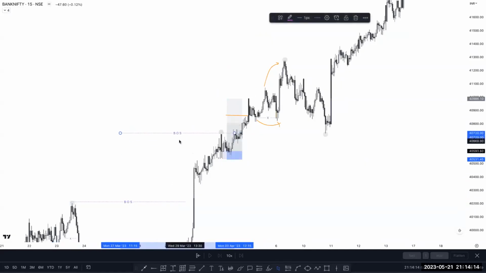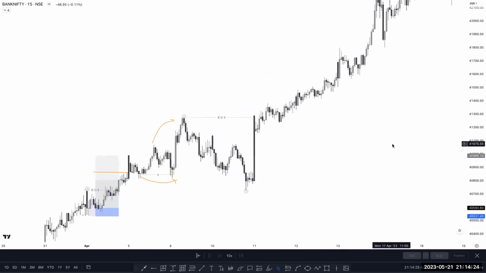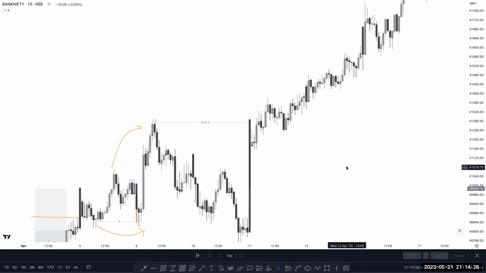This point becomes our break of structure here. This one is also break of structure. And after break of structure, how can you deal in this situation? Simply, you have to do a similar thing: after taking out the inducement, we can buy.